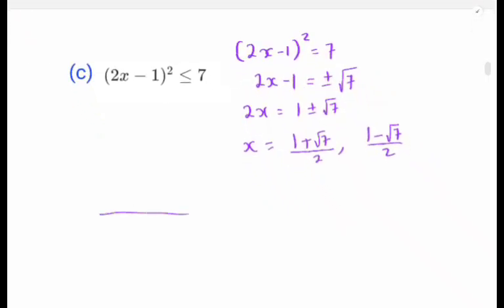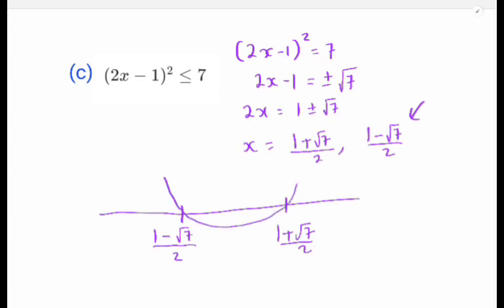So here you draw a line. Now the smaller value is on the left hand side, the bigger value is on the right side. This is the smaller value, 1 minus root 7 over 2. So I put 1 minus root 7 over 2. Here is 1 plus root 7 over 2. So again the U shape.